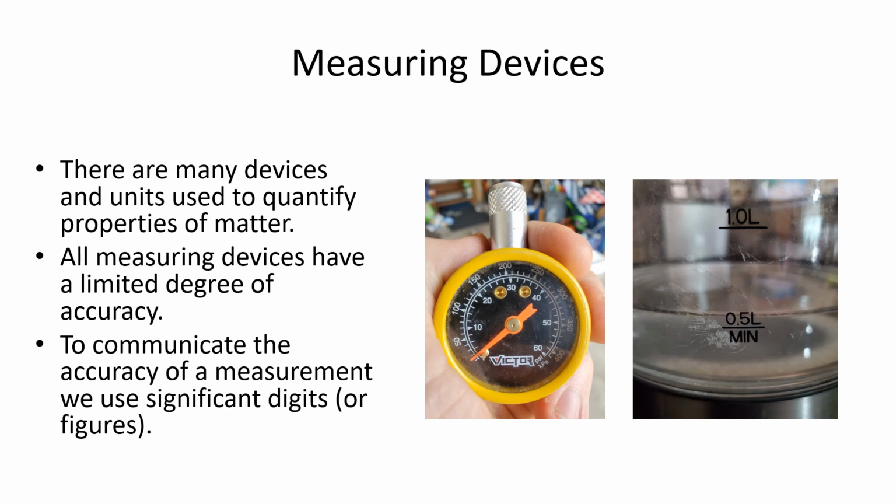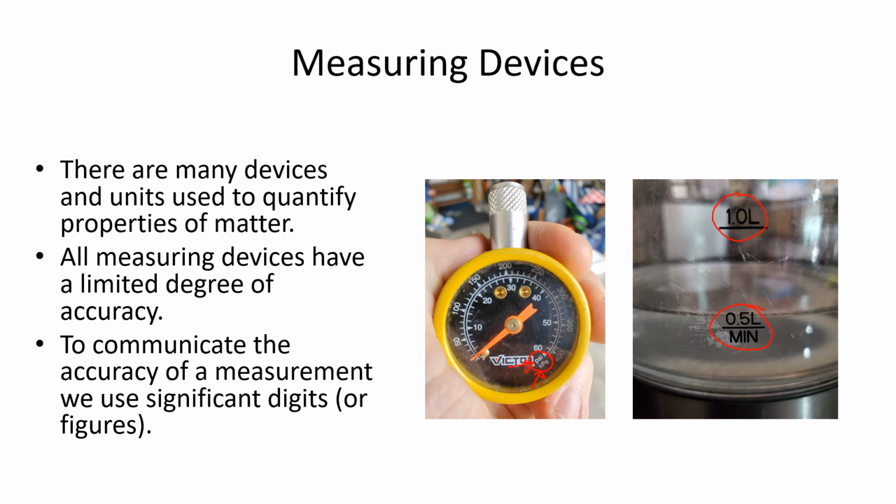Okay, all measuring devices have a limit of accuracy that we use when we are going to make measurements related to chemistry. So it might be gas chemistry, we might be measuring pressures, so you could have pressures like kilopascals and pounds per square inch like on this pressure gauge. Or it might be volume, where you're measuring volumes based on how much of a liquid goes into a container.